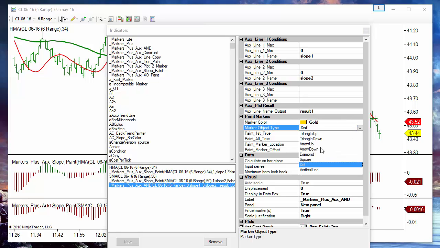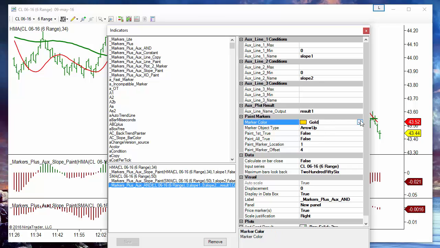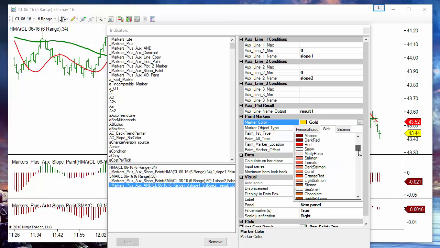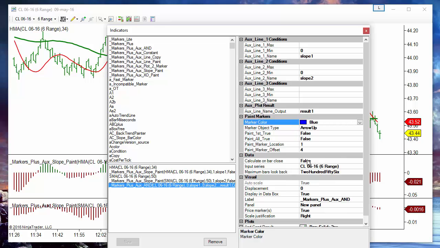And also we want to paint arrow ups in color blue. We want to paint the first signal and all the others. The arrow, I want it to be painted below the low of the bar, so we use the number 2.